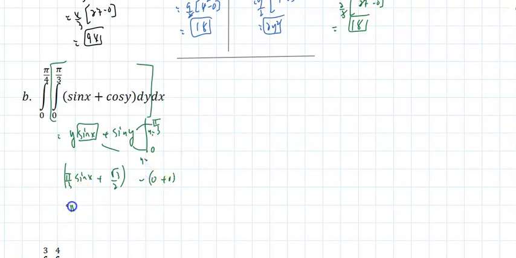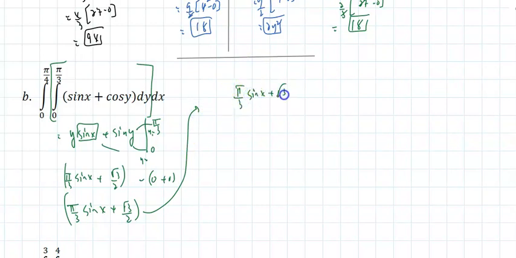So all I'm left with is pi over 3 the sine of x plus radical 3 over 2. Now I take this quantity and integrate that with respect to x, where x runs between 0 and pi over 4.